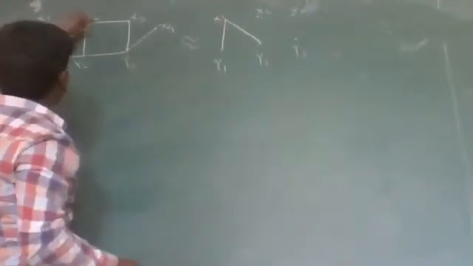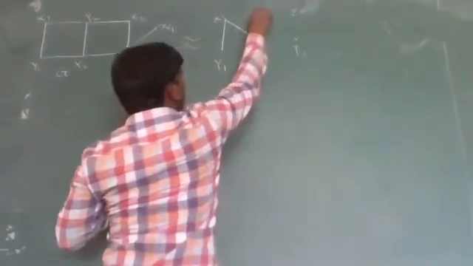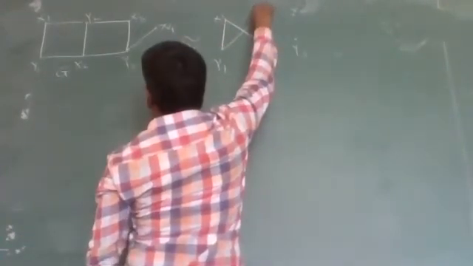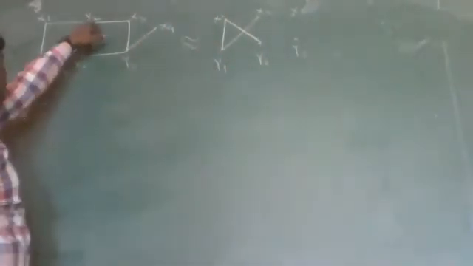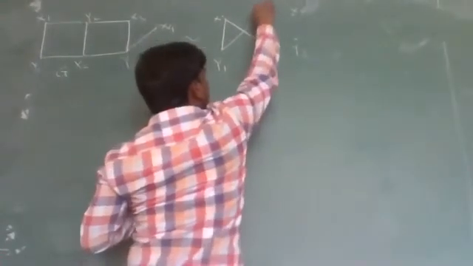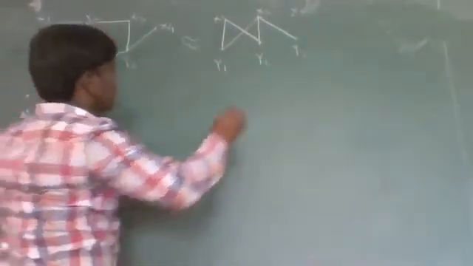Similarly, x2 is joined to y1 and y3. x2 is joined to y2, y1, y3. x3 is joined to y3 and y2.